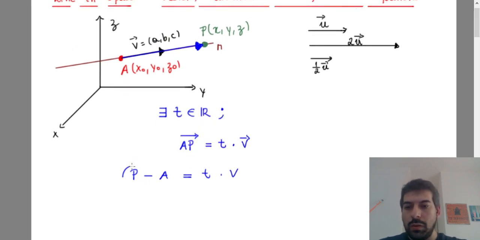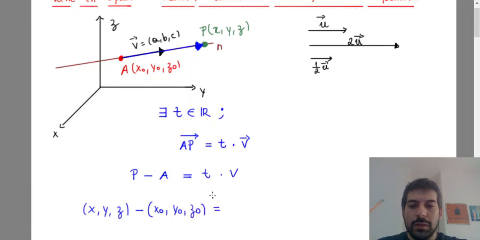So I will switch P to x, y, and z. And the coordinates of the point A, we know that they are x0, y0, and z0. And this needs to be equal to the number t times the vector v, whose coordinates we also know, they are a, b, and c.